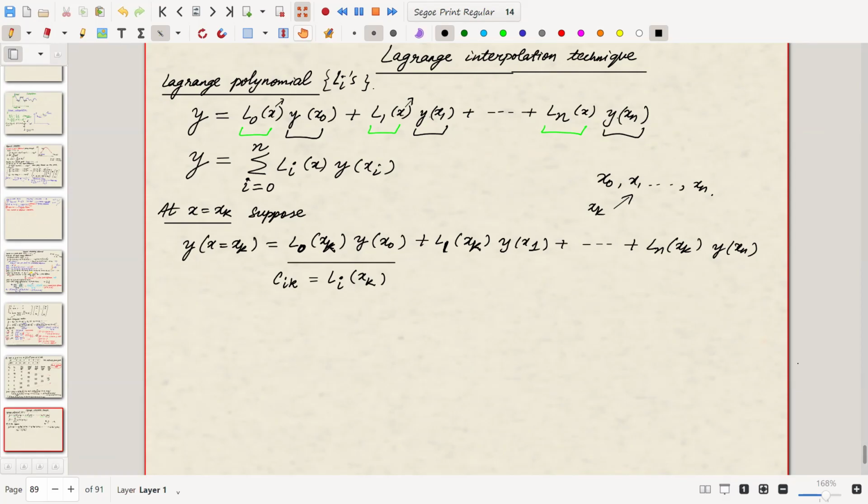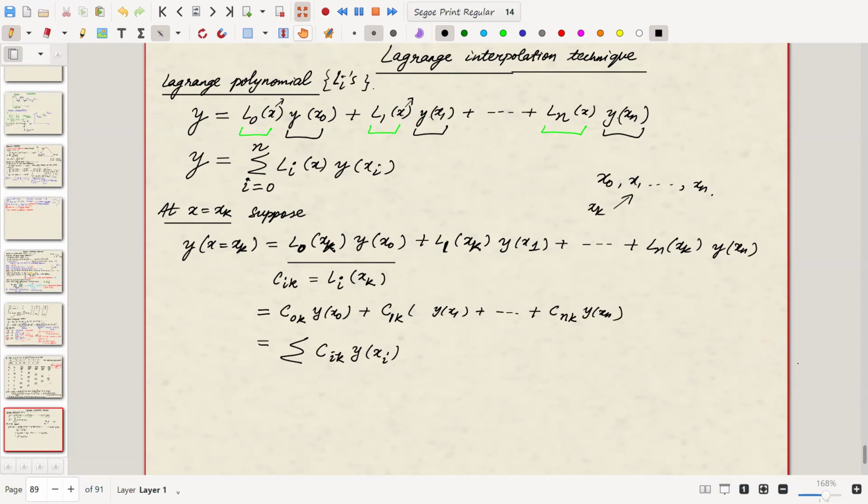So I need Cik to denote Li evaluated at xk. Can you tell me what should be the first term from the top? C0k y at x0, plus C1k multiplied by y at x1, so on till Cnk y at xn. Can we write it as a summation? Summation of Cik times y at xi, isn't it?